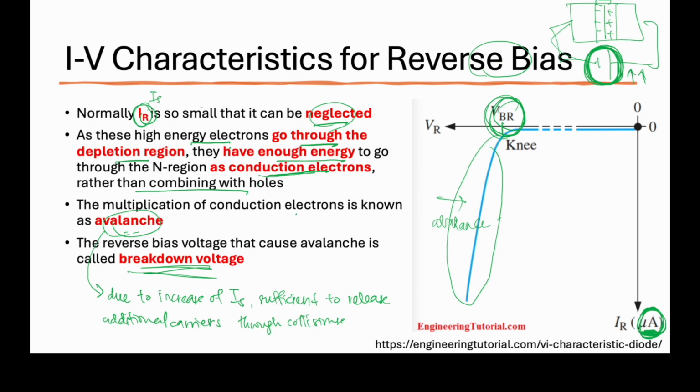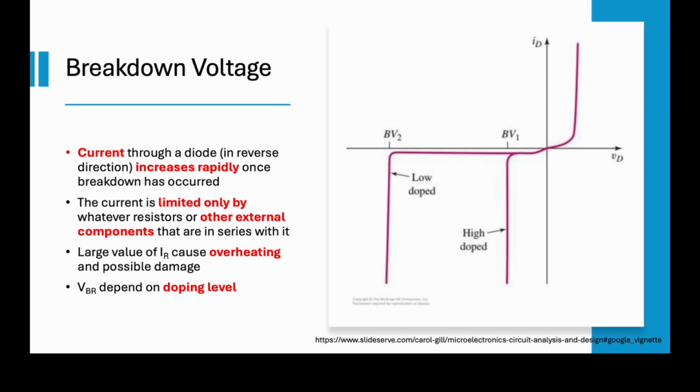That's why you can see here that there's a sudden change of the current, however the value of the current is very small, in the microampere range. Due to this, it will make the diode become damaged and burning.